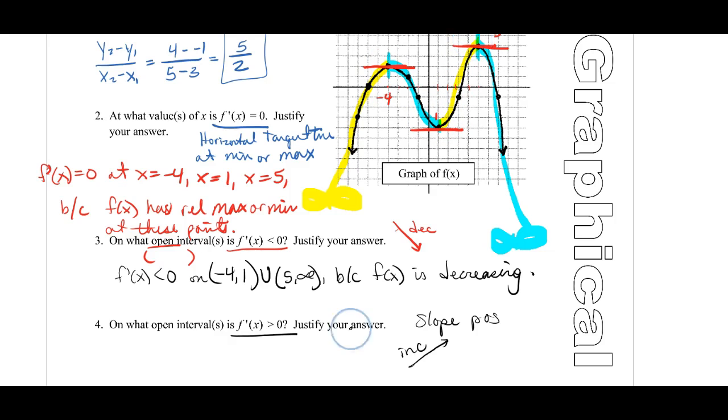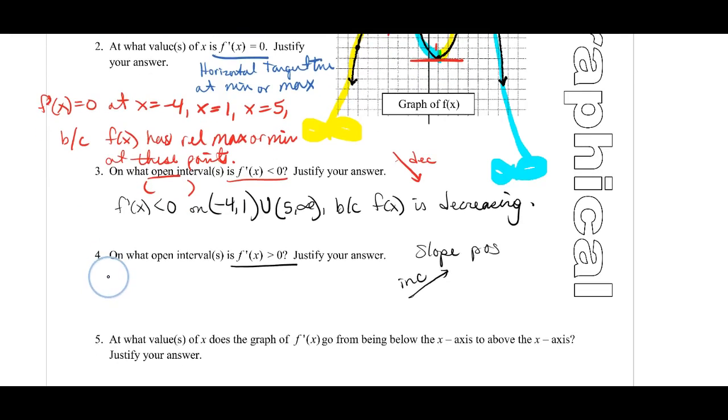So I can indicate those intervals. f prime of x is positive on negative infinity to negative 4 and 1 to 5, because the function is increasing.